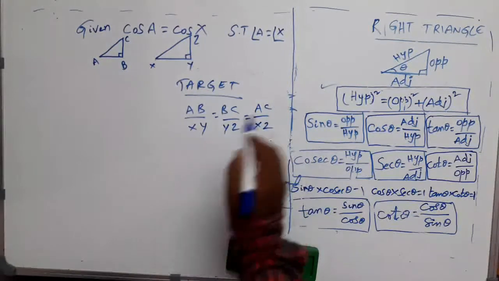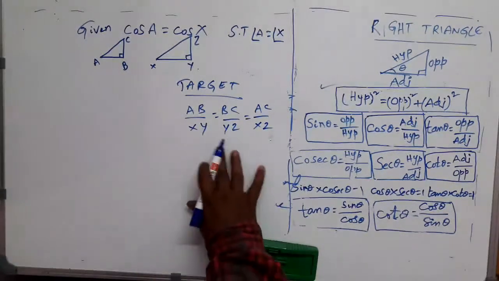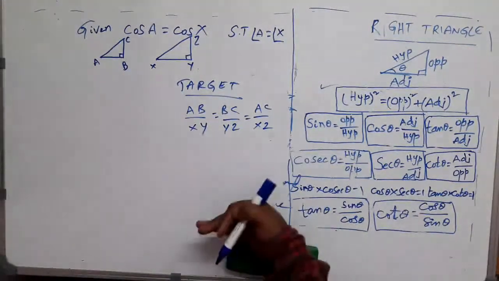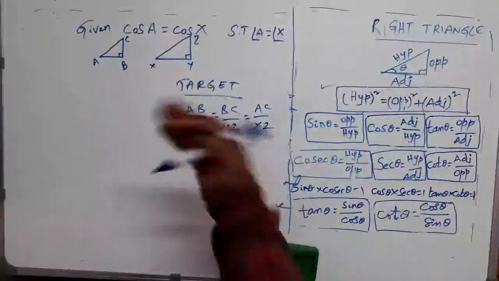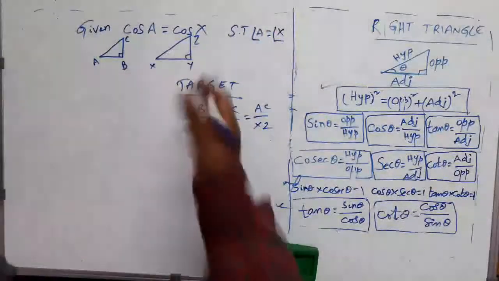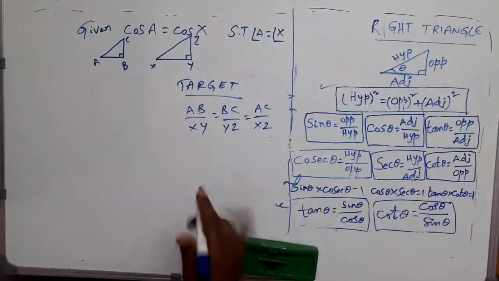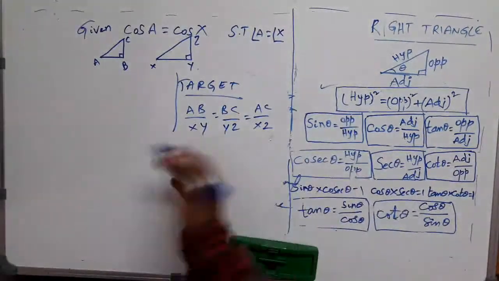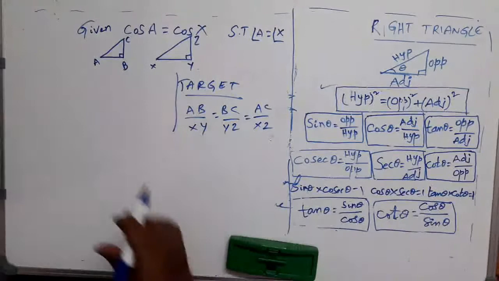This is my target. If I can prove this, then in the next step I can say that these two are similar triangles, so corresponding angles are the same, so angle A is equal to angle X. That is my target.